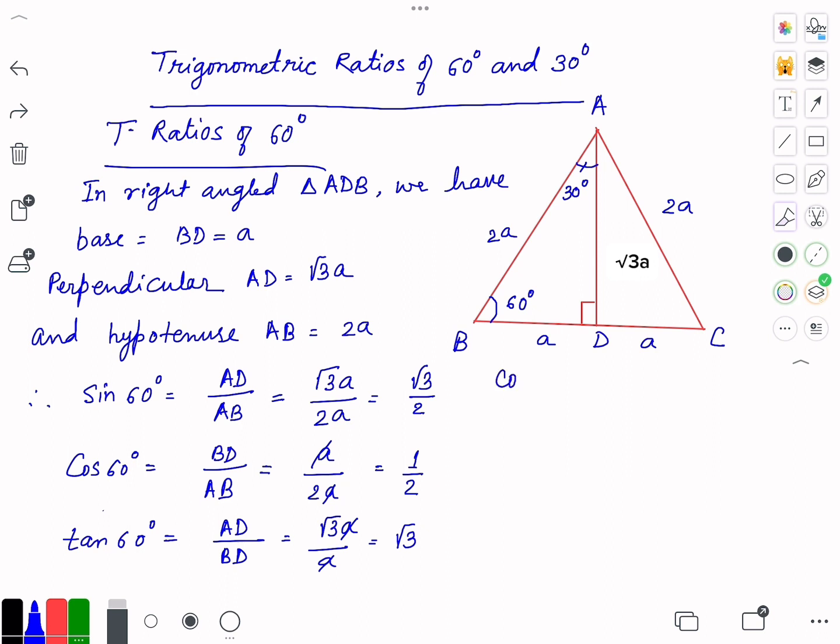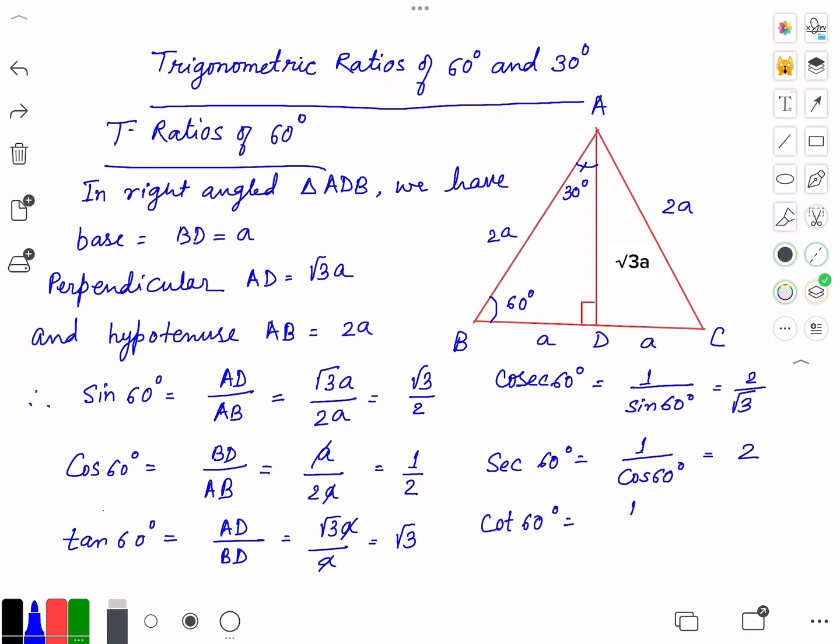Now we know that cosec 60 degrees would be 1 by sine 60 degrees, that means 2 by root 3. Sec 60 degrees would be 1 by cos 60 degrees, which means 2, and cot 60 degrees would be equal to 1 by tan 60 degrees, which is equal to 1 by root 3. I hope you all understood how I calculated these T ratios of 60 degrees.